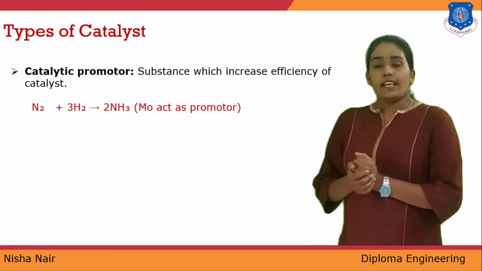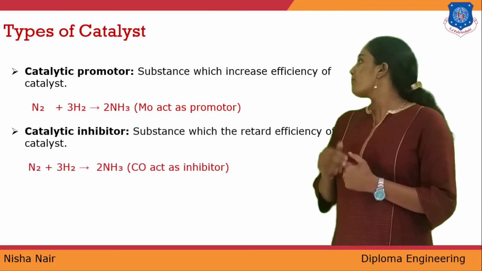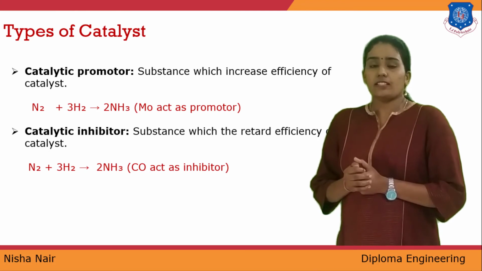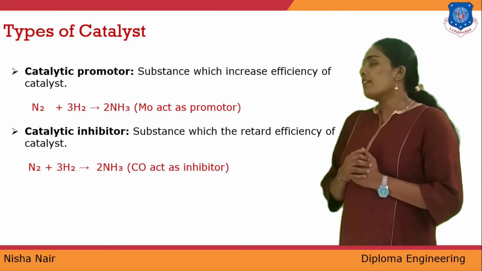Now next is catalytic inhibitor. It is just the opposite of catalytic promoter. For example, nitrogen gas combines with hydrogen gas to form ammonia, and we are using iron as a catalyst.